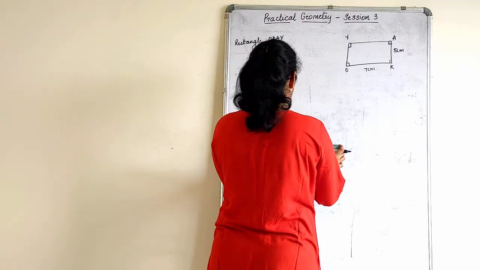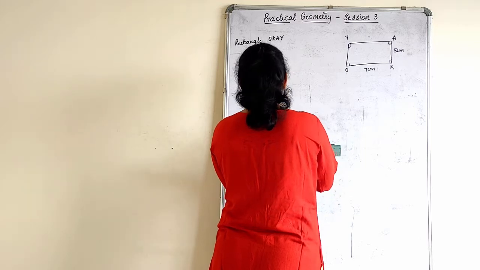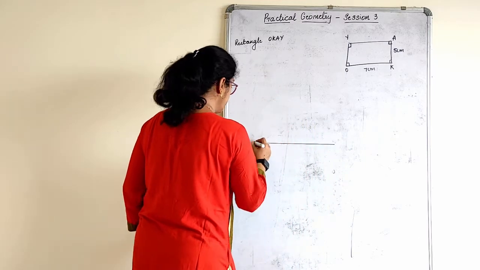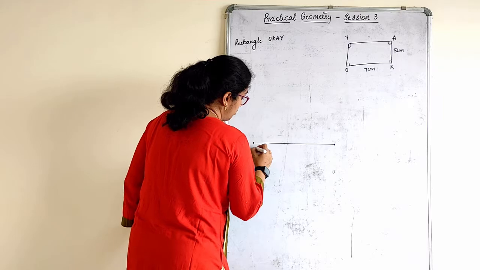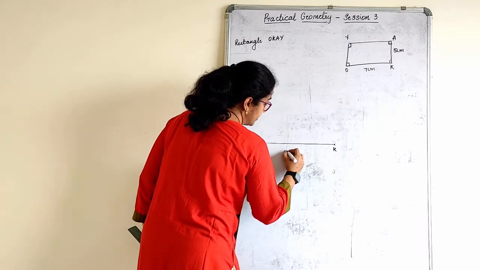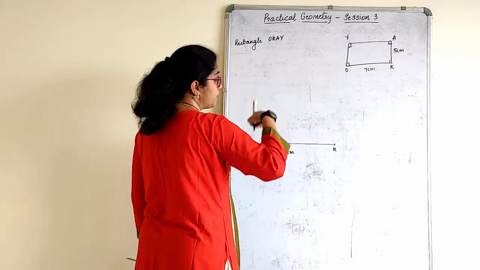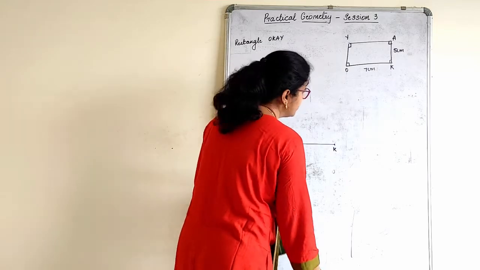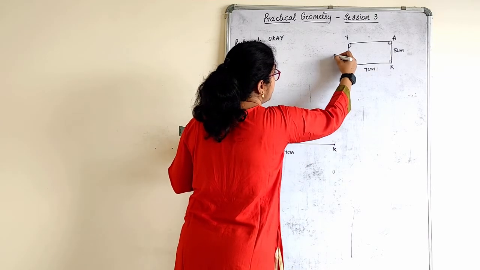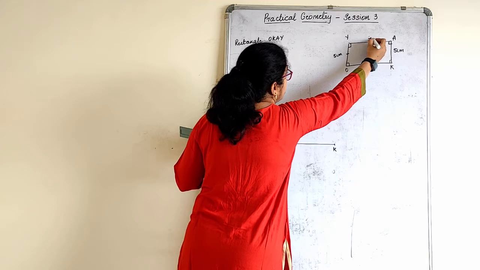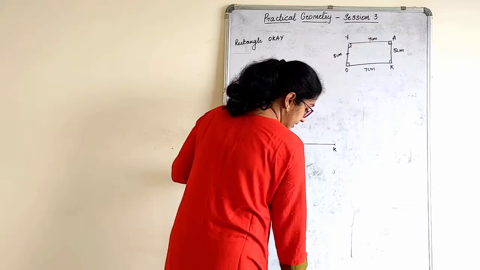Mark the base for 7 centimeter. So this is OK, 7 centimeter. You have to cut both the sides for 5 centimeter because this also is 5 centimeter and this will be 7 centimeter. 90 degree.